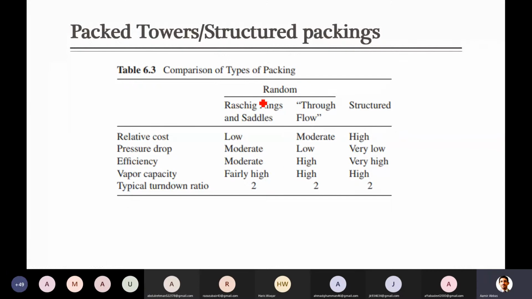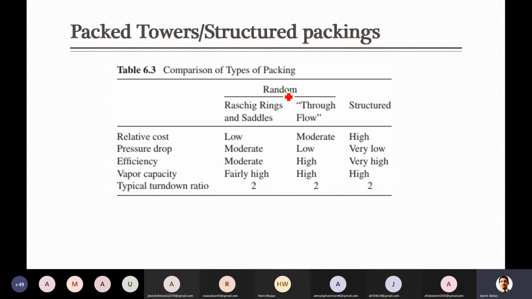If you look here, there are three columns. The first one is random packing. Inside random packing, the initial ones, Raschig rings and barrel saddles, from before 1950, are categorized separately, and the others are called through flow, because their structure was more open and the flow can occur through them.